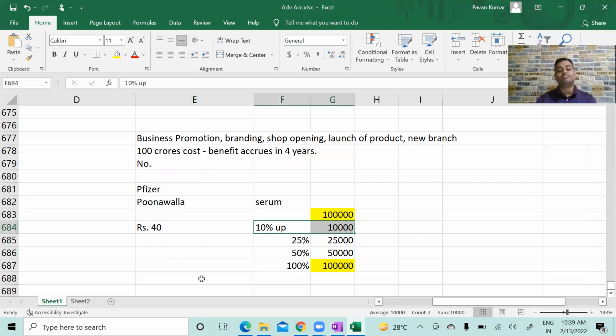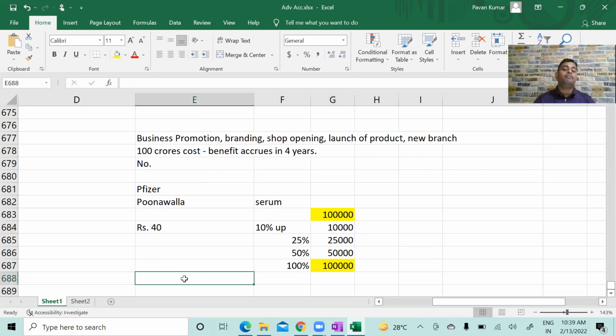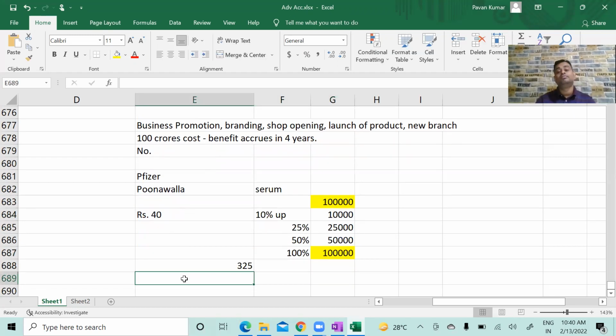But now our share is 325 rupees. Now again it came down a little, 280, 290 now. A few days back it was 325. Why, you know? Vaccines.